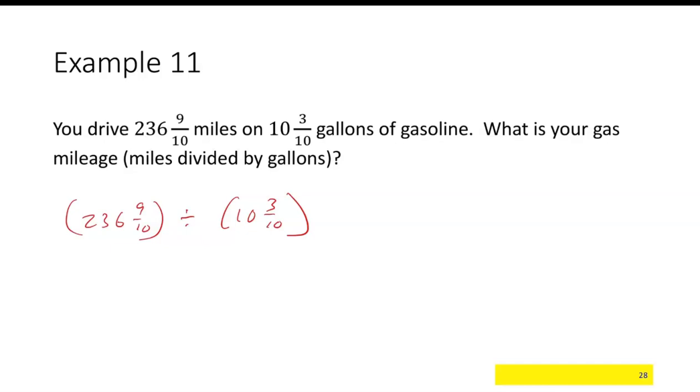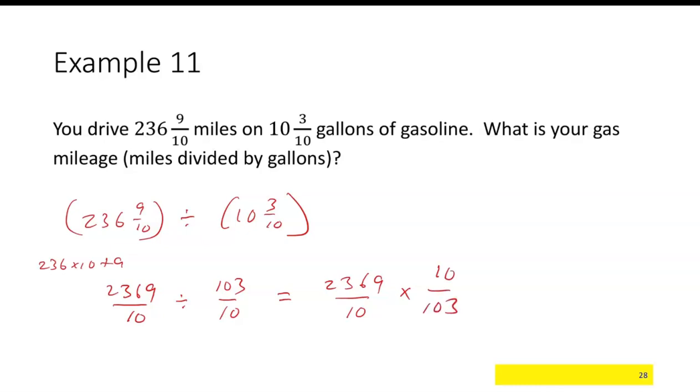So in terms of improper fractions, 236 times 10 plus 9. Well, 236 times 10 is 2,360, plus 9 gives me 2,369 tenths. And then divide that by 103 tenths. So I end up with, changing that to multiplication, 2,369 tenths times 10 over 103.